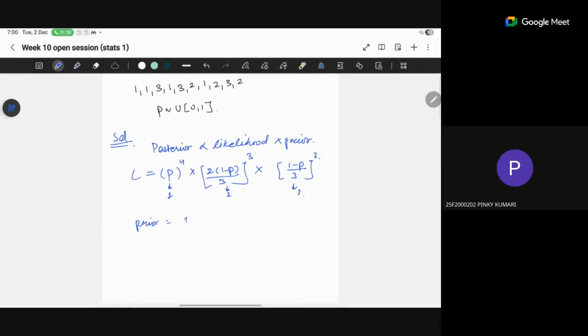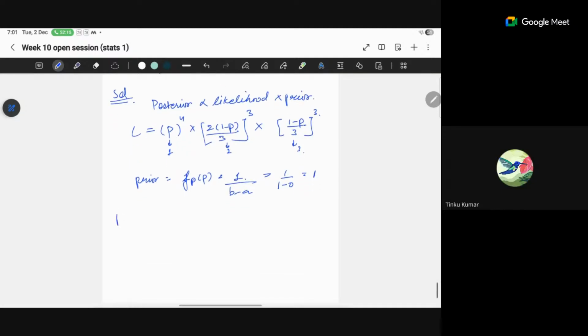Now, what is my prior? Prior will be uniform. It is 1 only, that is f(P). It's uniform, 1 upon B minus A. My B is 1 minus 0, so it will be 1, correct? Yes. Okay. Now, just put all the values here. The posterior is directly proportional, so we are using this proportionality sign.